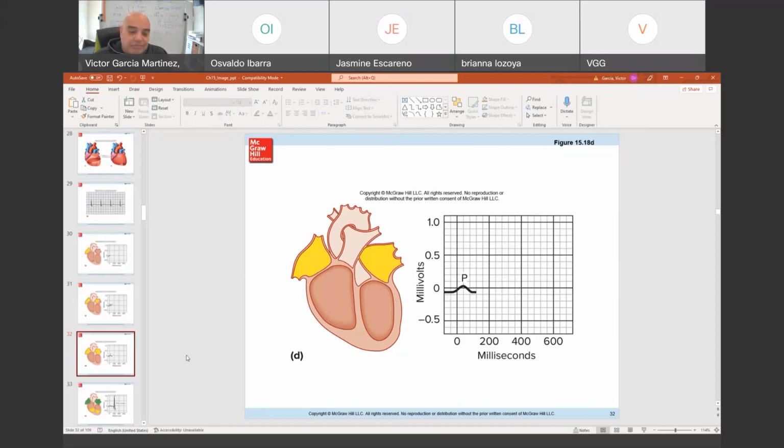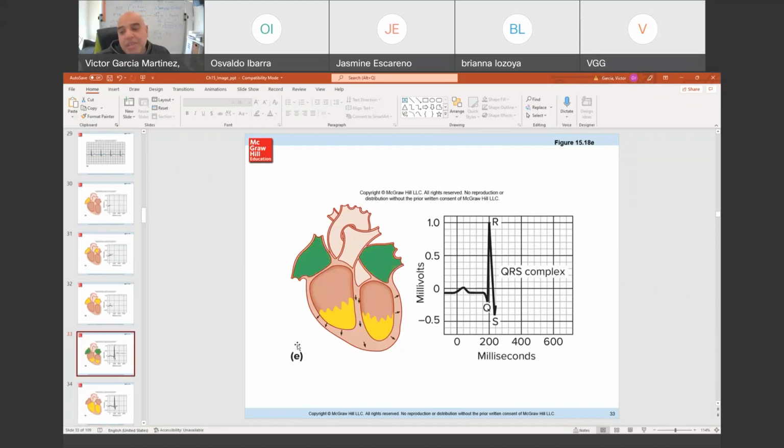Then you have this space called PQ segment. After the P wave, we have the PQ segment. And this segment is the moment when the atria can squeeze, can contract. The systole for these two guys, the atria, is the segment PQ.